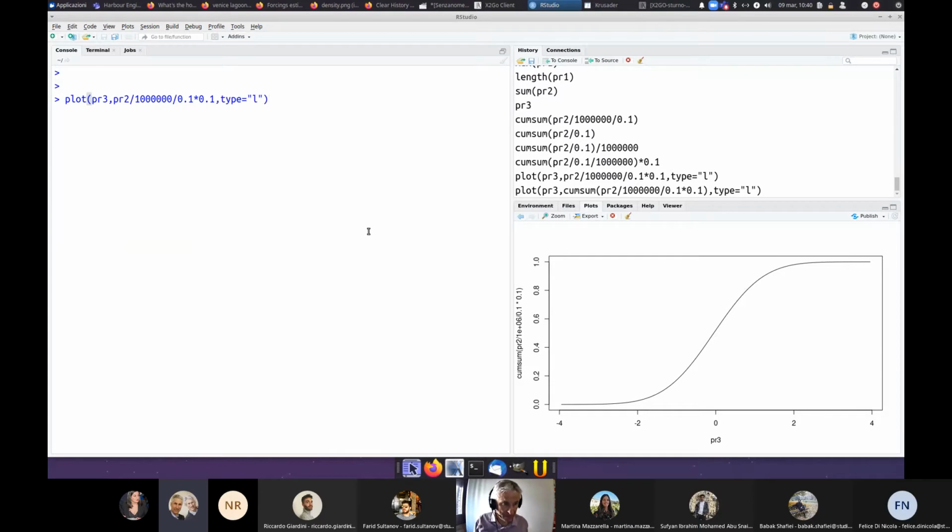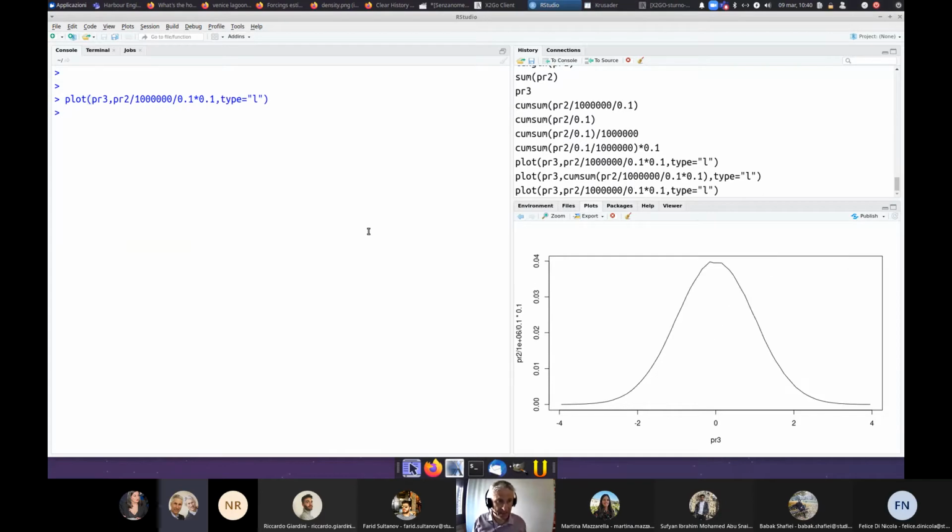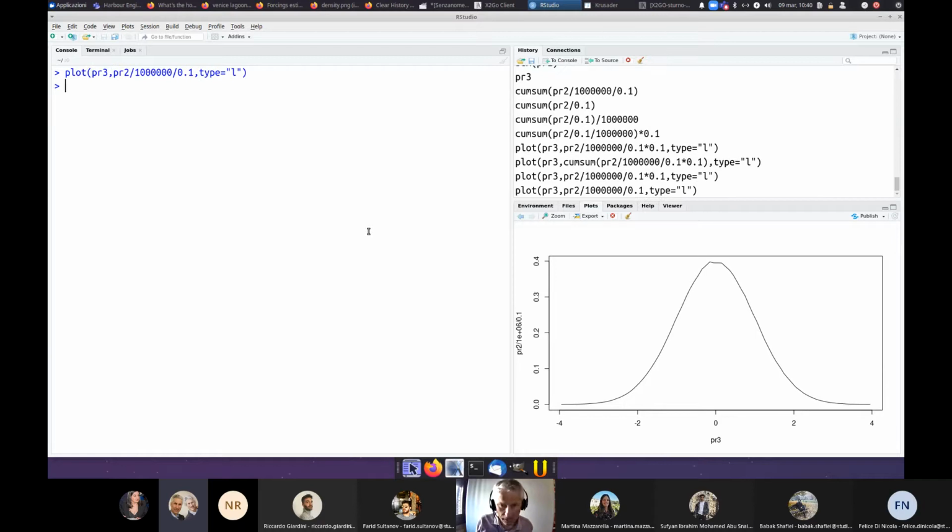Sorry. This is the graph of the probability density. Here, no, this is not the correct one. Just 1 second. The graph of the probability density is the previous one that we got. It's this one. Okay, very good. Here you have to divide by 0.1 because PR2 divided by 1 million is the relative frequency.